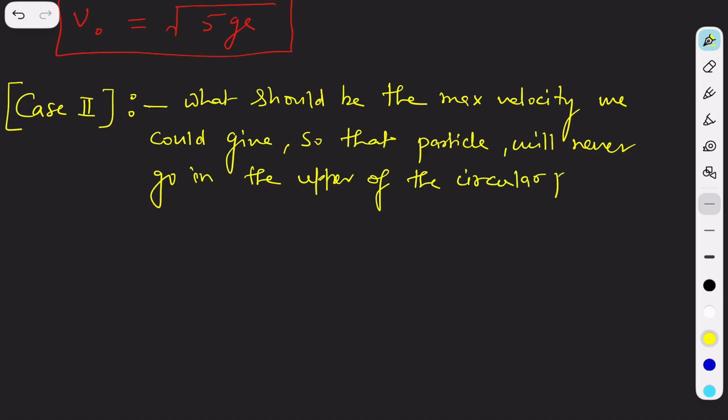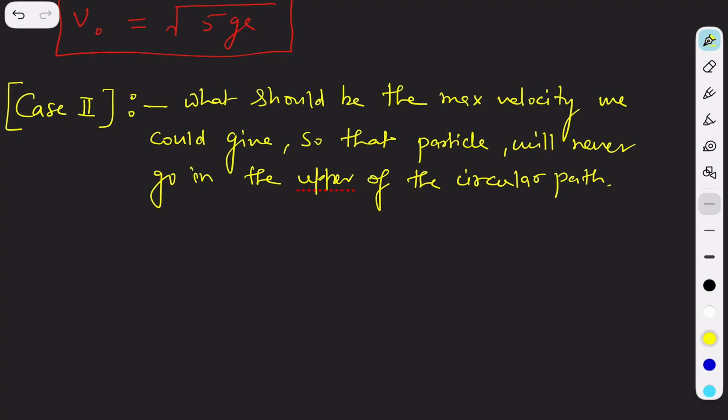What is the maximum velocity that we can give? What should be the range of the velocity that we can give so that the particle will never go in the upper half of the circular motion, it should always lie in the lower half, or you can say it will just oscillate in the bottom half of the circle.